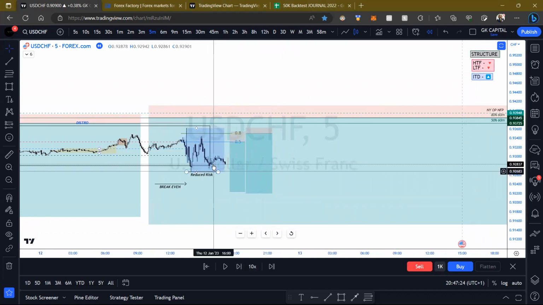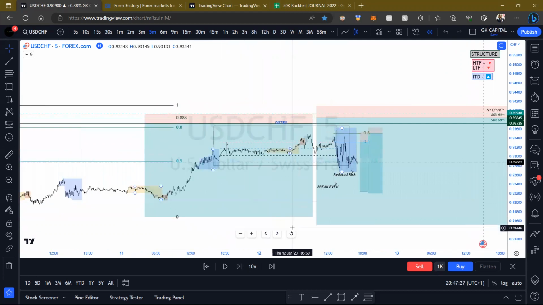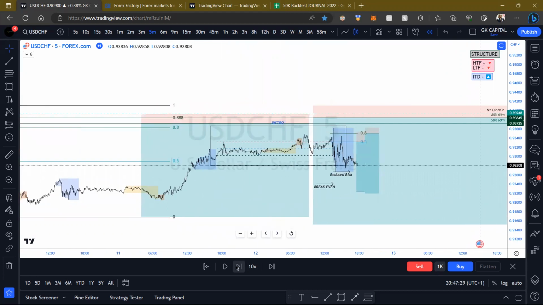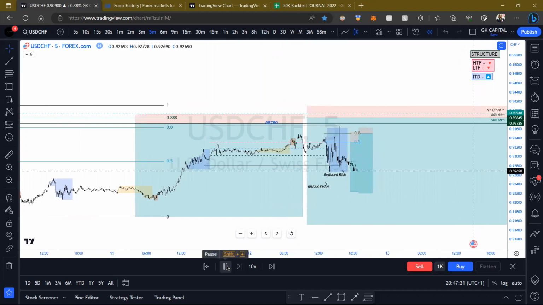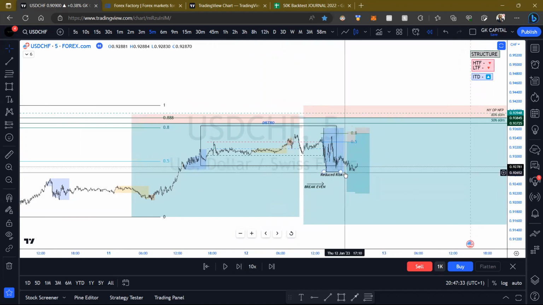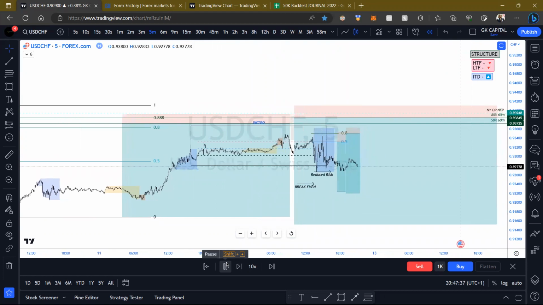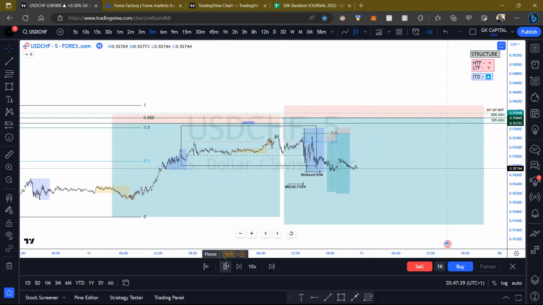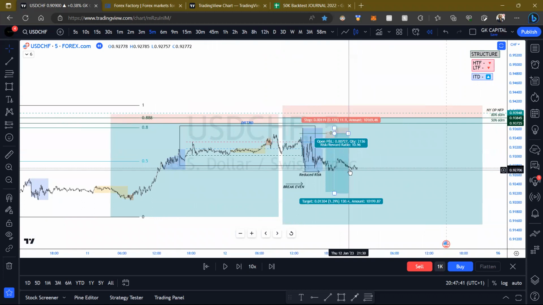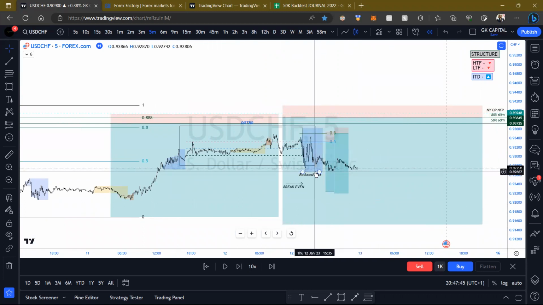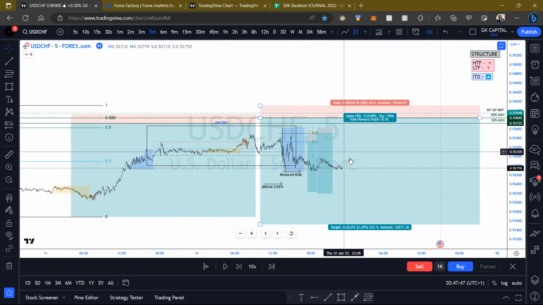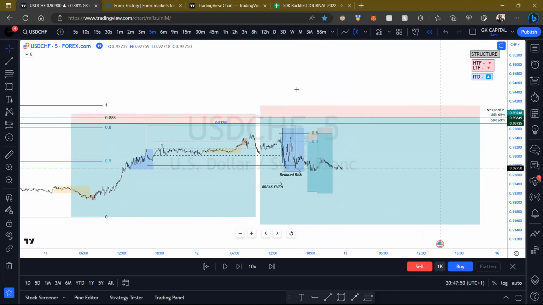Nothing at this price. We're coming up to London close, and nope, nothing at the moment as well. And if the alert doesn't go off before I go to bed, which is somewhere around 10ish, I will go to reduce risk, because there's no reason for me to not go to reduce risk.